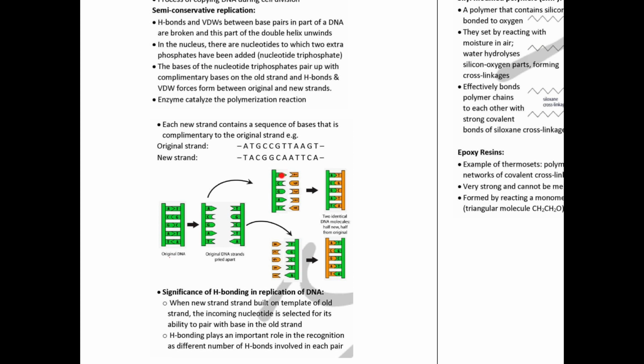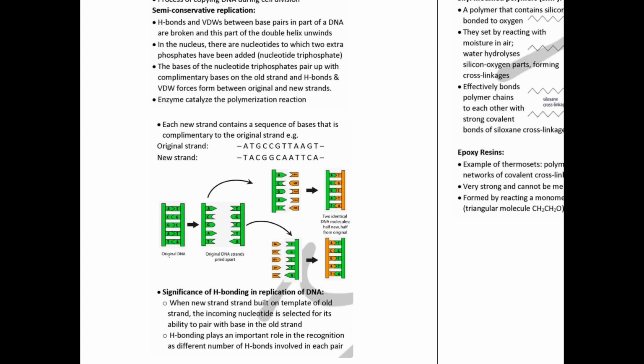They are trying to attract the new bases accordingly. So A will pair up with T, C will pair up with G, G will pair up with C, A will pair up with T, T will pair up with A, and then the bases that come to this part, at the end they form a new polymer.